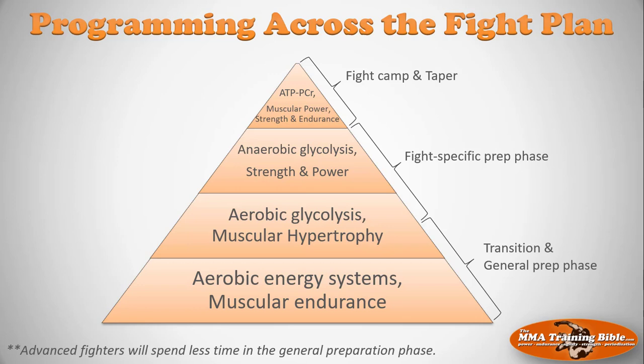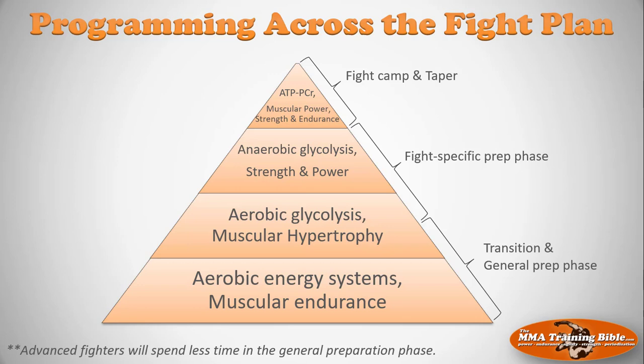Now, after that we shift focus to aerobic glycolysis alongside muscular hypertrophy as we move up this pyramid. This shift happens towards the end of the general prep phase in the longer plans and at the beginning of the fight-specific prep phase otherwise. As we ascend the pyramid and move through the fight-specific phase, we start to focus on anaerobic glycolytic energy systems as well as the development of muscular strength and power.